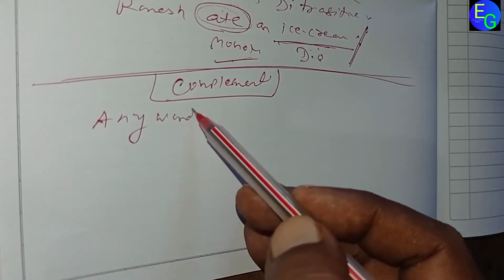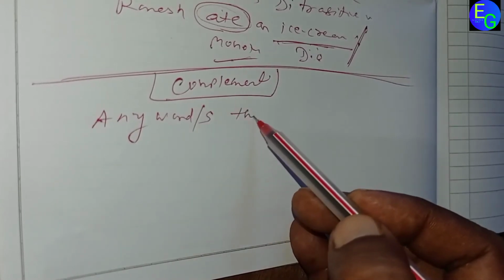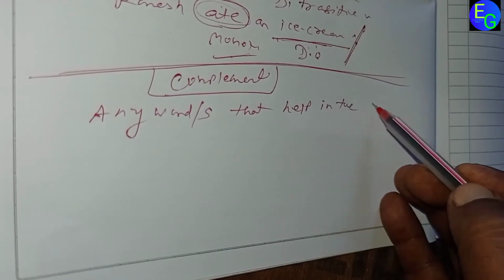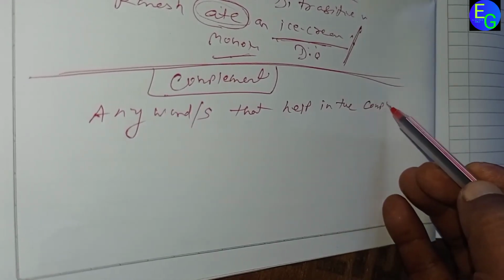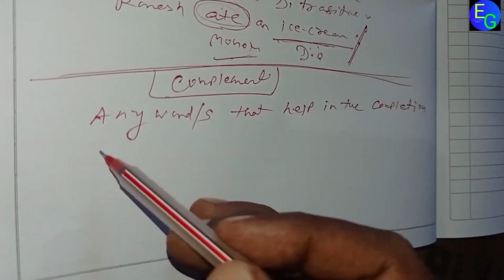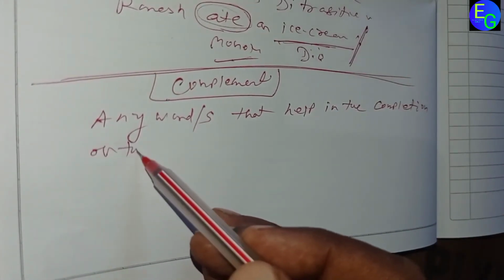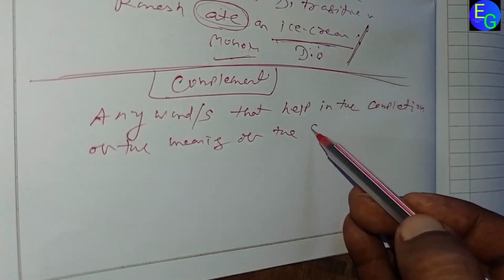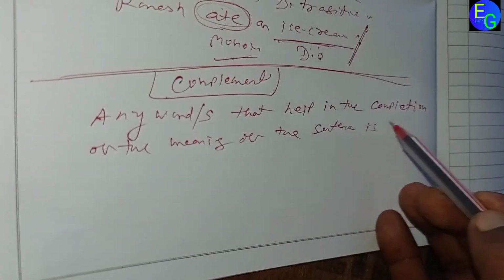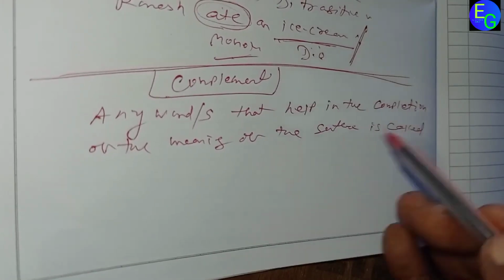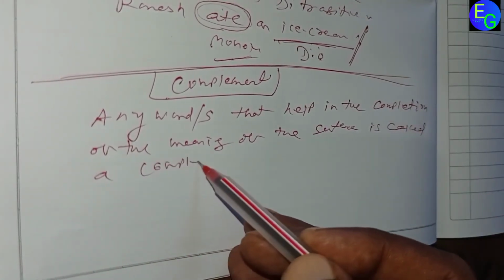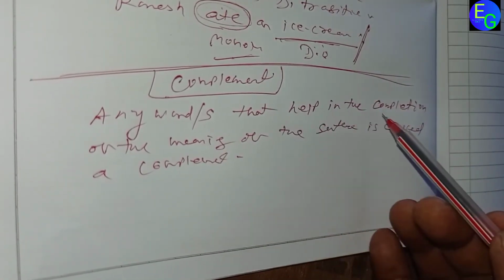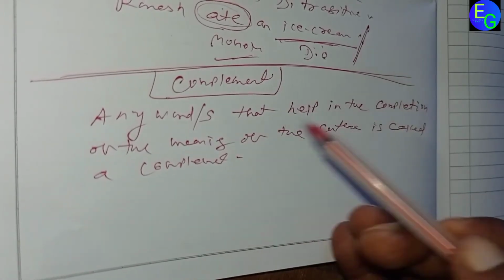Any word or words that help in the completion of the meaning of the sentence is called a complement. You should remember, a complement always helps to complete a sentence.